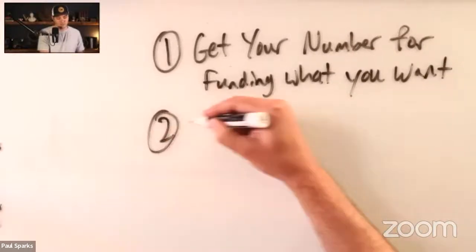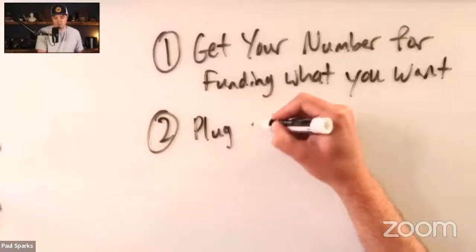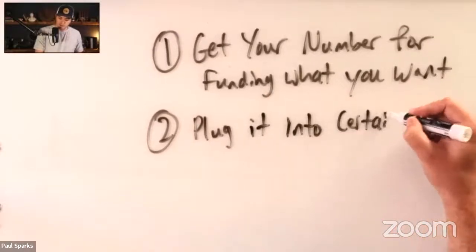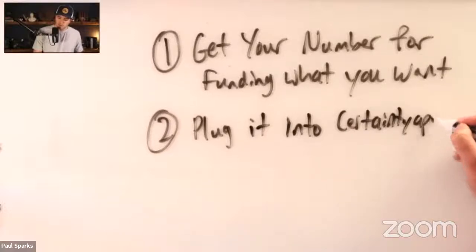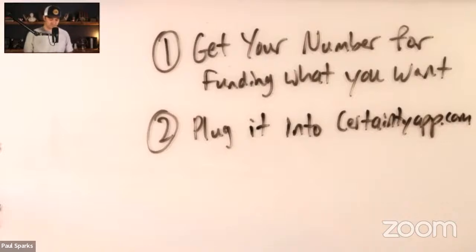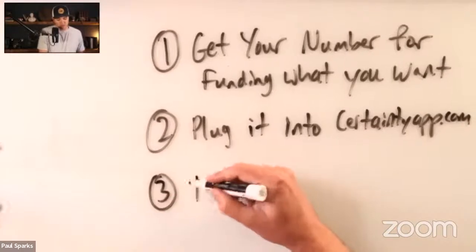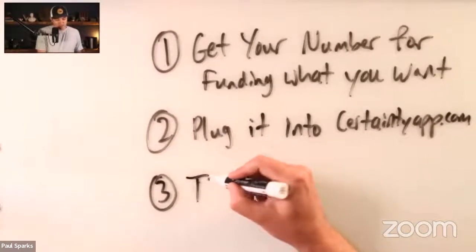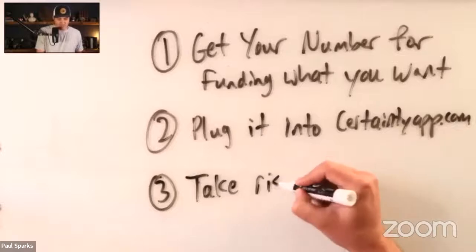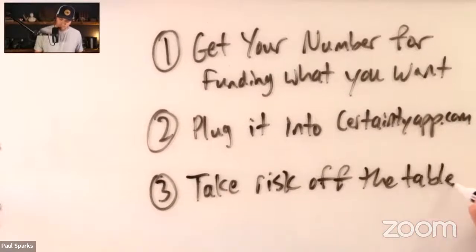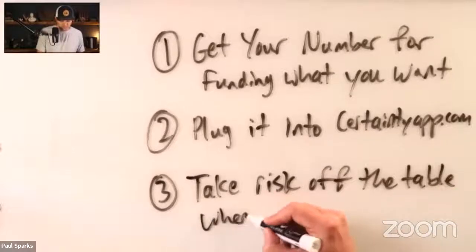Take that number and plug it into certaintyapp.com. Once you have that, it's like, take risk off the table whenever possible.